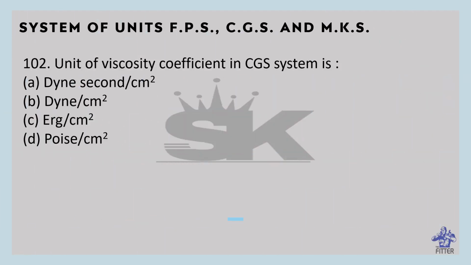Unit of viscosity coefficient in CGS system. We have discussed it before, right? In SI units, that would be Newton second per meter square.